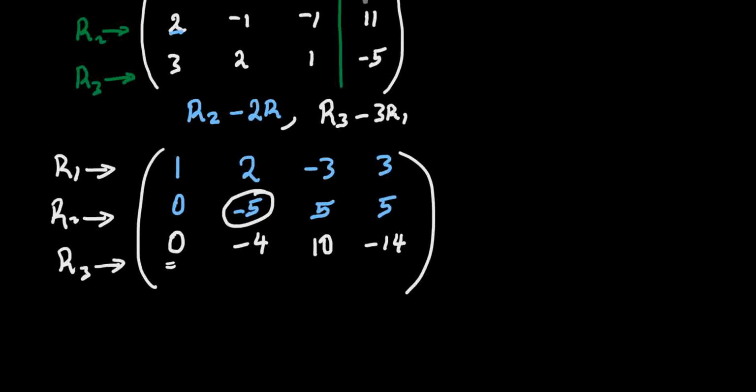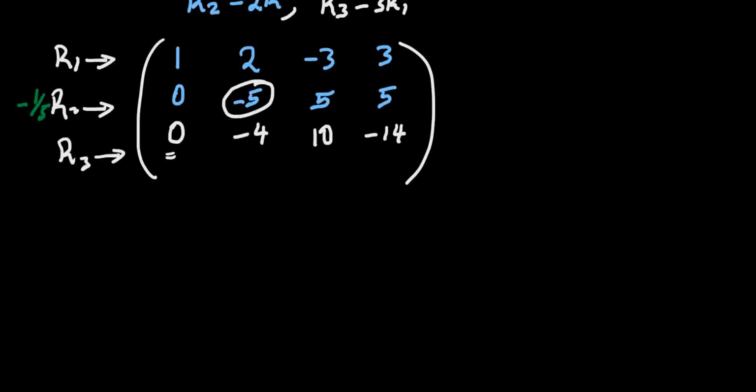So row 2 can be multiplied by 1 over 5 to help change this negative 5 to negative 1. Or multiply by negative 1 over 5 so that it can become positive 1. All right. So once we do that, then row 1 remains the same. Row 1 is still 1, 2, negative 3, and 3. So in row 2, we are multiplying by negative 1 over 5.